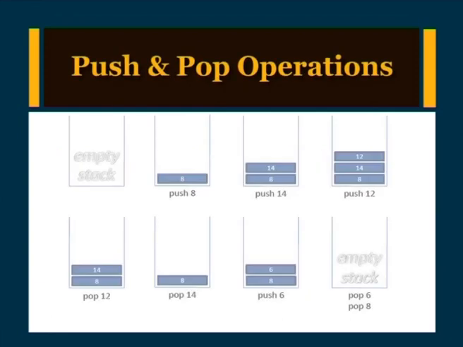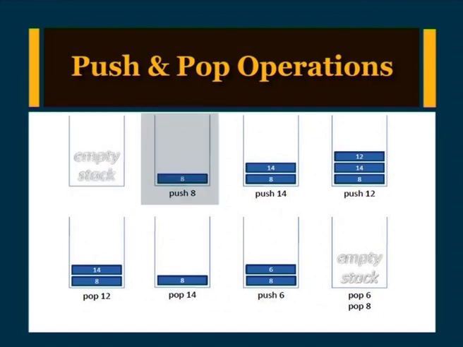In this example, we see the contents of a stack as a series of push and pop operations take place. Initially, the stack is empty. Next, we push in 3 values 8, 14 and 12 in the stack. At the end of these 3 push operations, the value 12, which was last to be inserted, is at the top of the stack.